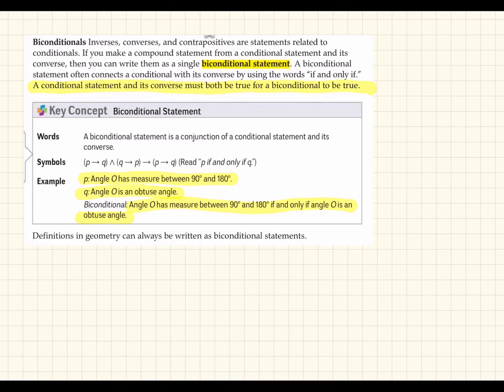We would take a look at angle O and figure out its measure to determine whether it was between 90 and 180 degrees, and then we could classify the biconditional statement as either true or false. Just because something is a statement doesn't necessarily mean it's true or false. We have to evaluate the truth values for those statements as we would for any statement.